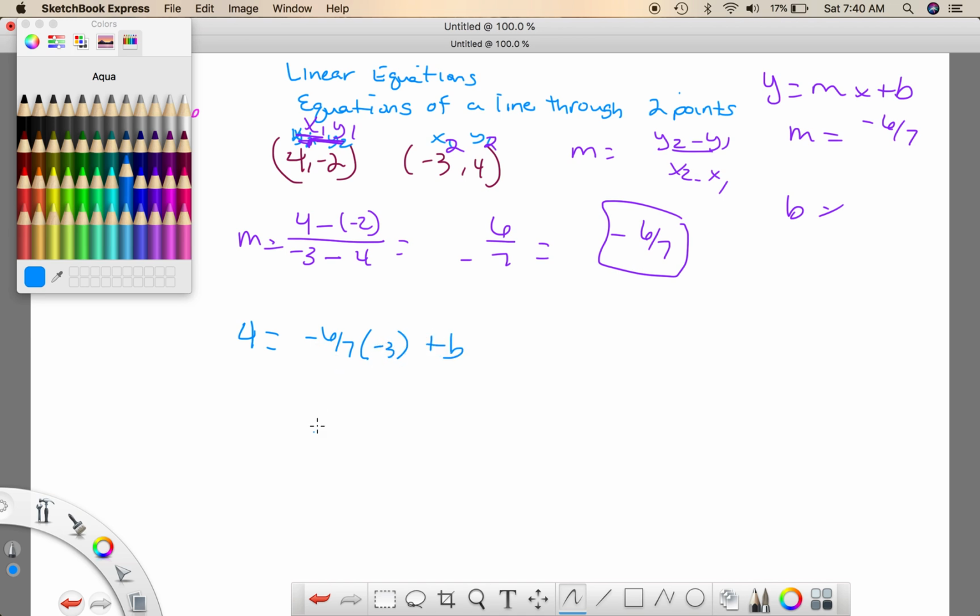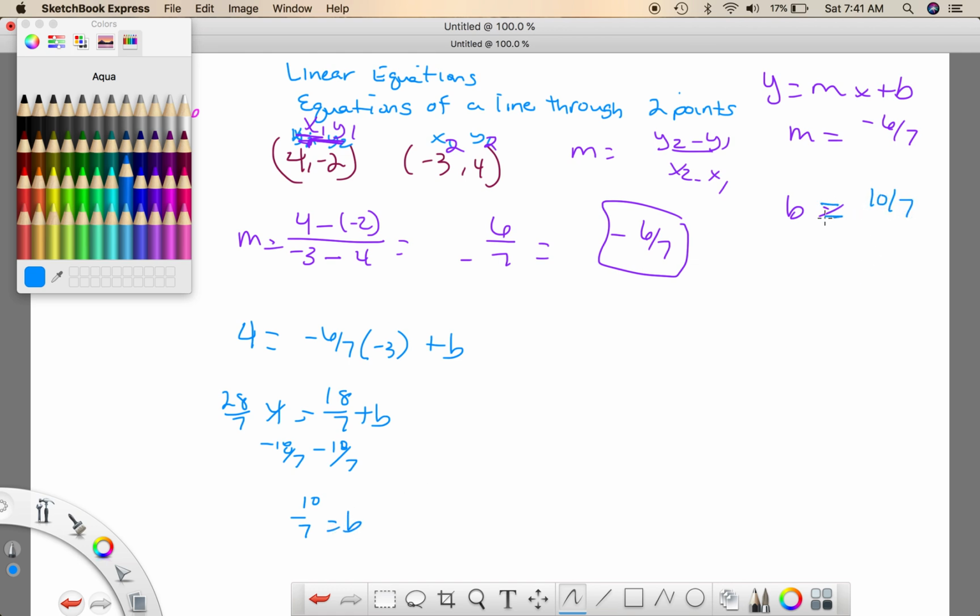Negative times negative is positive, so I get 18/7 plus b equals 4. I'm going to subtract 18/7 from both sides. This changes to 28/7, which gives us 10/7 equals b.